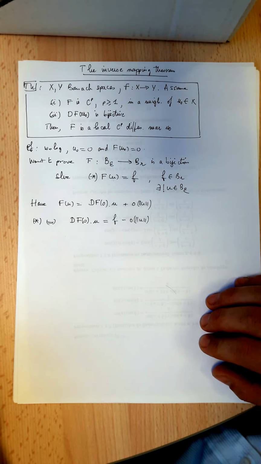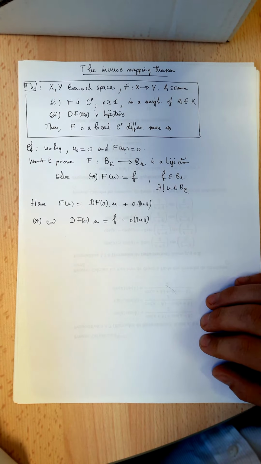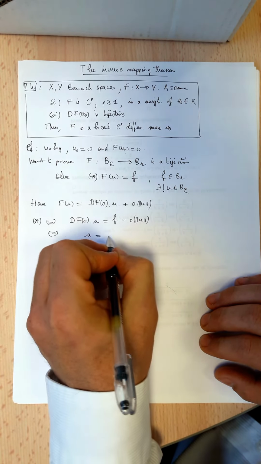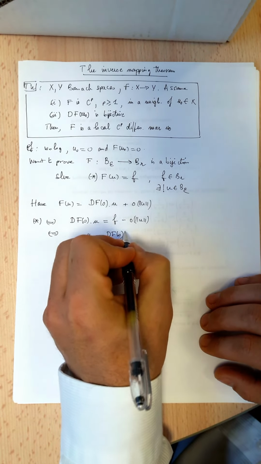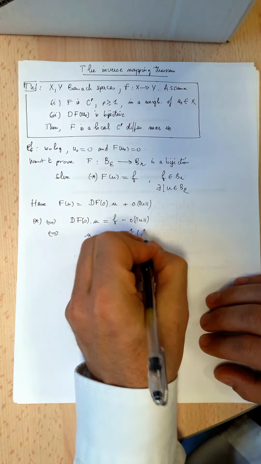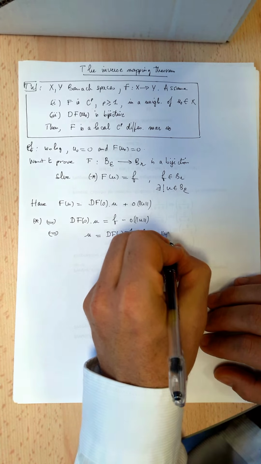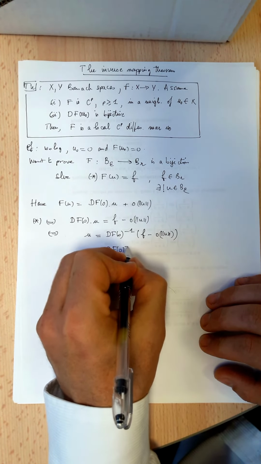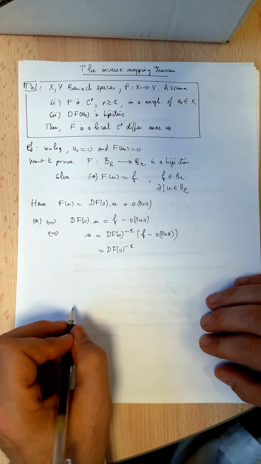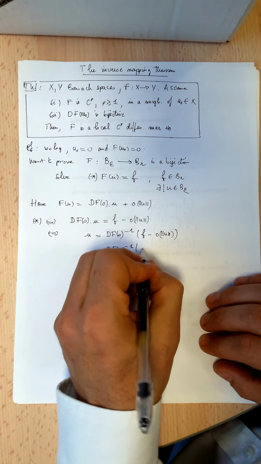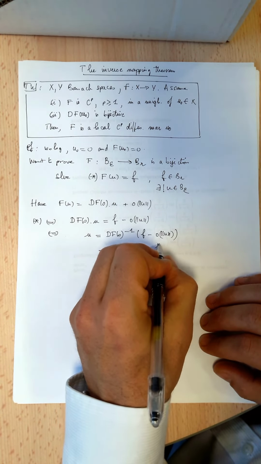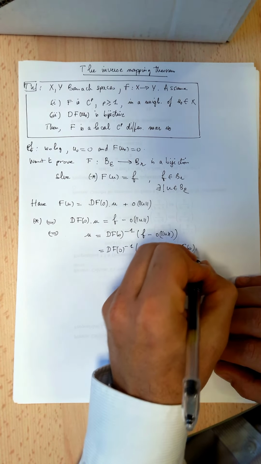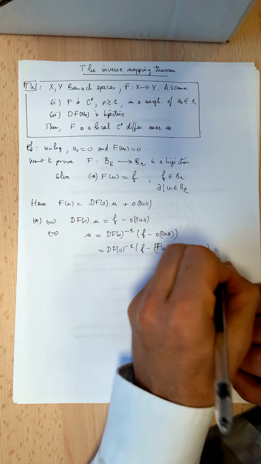I use the second assumption that df of 0 is a bijection, so I can invert this and rewrite it as u equal to the inverse of df of 0 applied to g minus small o of u. And who is this small o of u, by the way? Well, it's just the difference of f of u minus the differential of f at 0 computed against u.